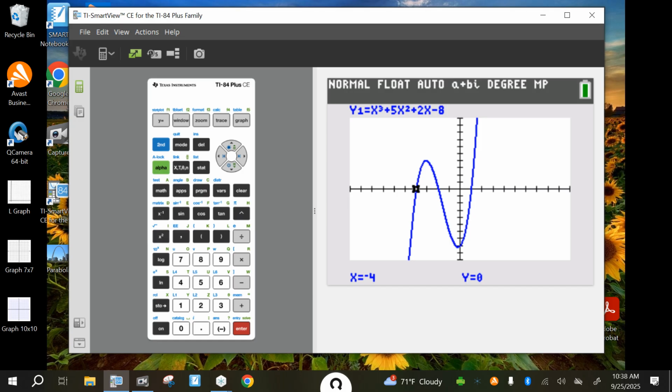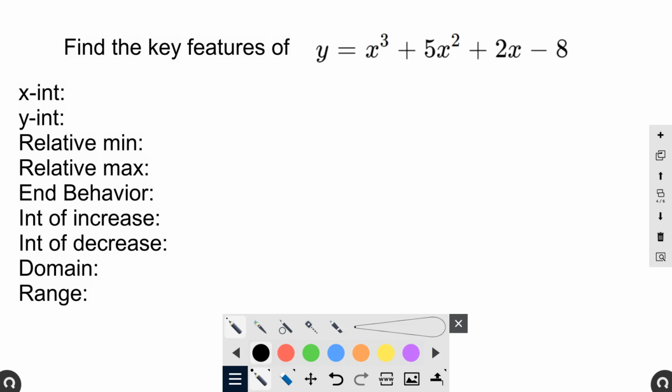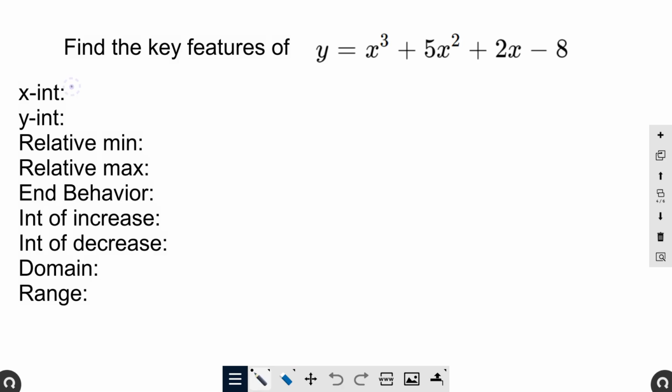As long as y equals 0, that's an x-intercept. I heard you guys also say -2, so you can just hit -2, enter. Is that an x-intercept? Yes, it is. What's the other one? 1. 1, enter, works. So there are your x-intercepts. X equals -4, -2, and 1.